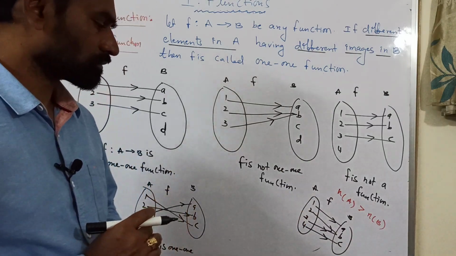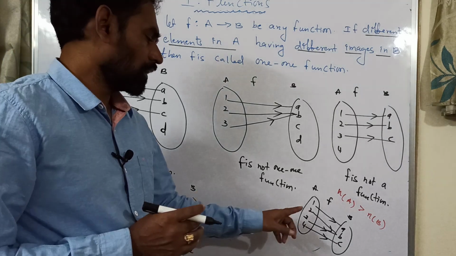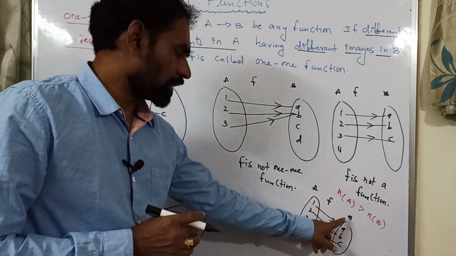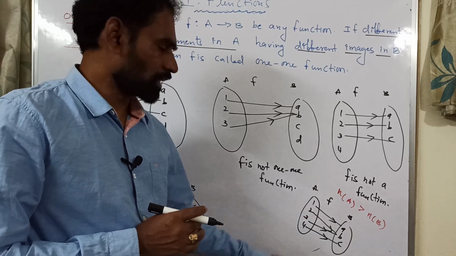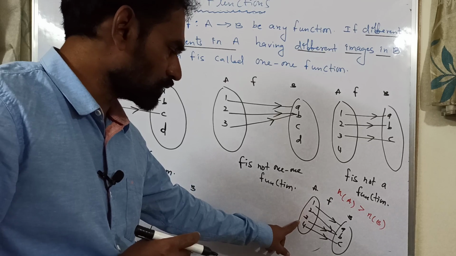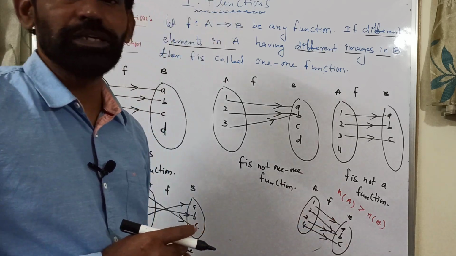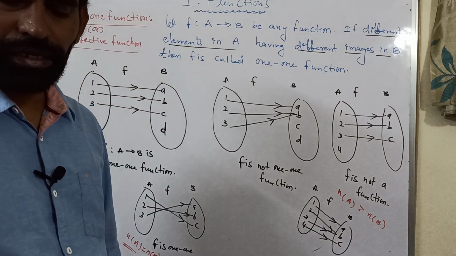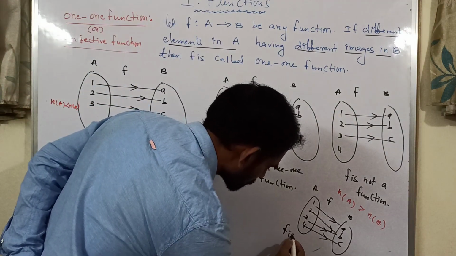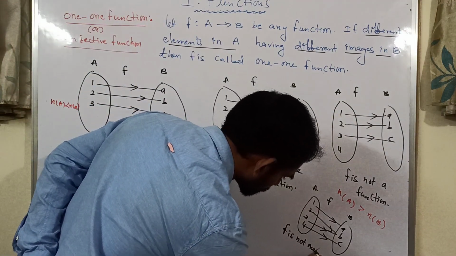First of all, it is a function. Why? Every element in A is associated with a unique element in B. But here different elements 2, 3 have the same image b. That's why clearly f is not a one-one function here.